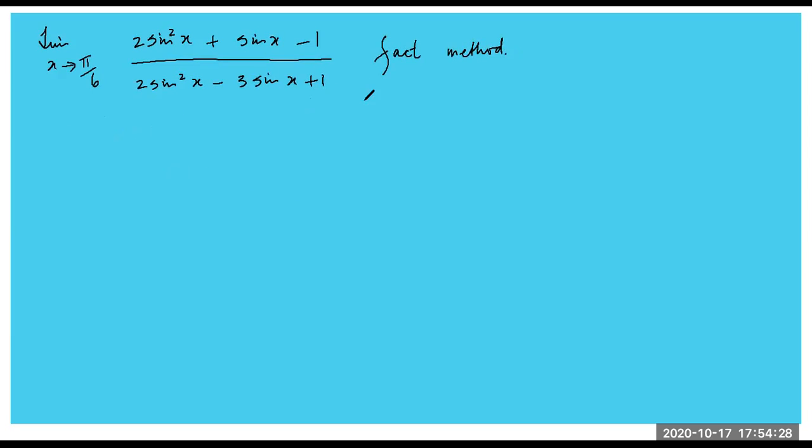Now this limit would be equal to limit x approaches pi by 6, right? So yeah, can anyone tell me how can I factorize this? 2 sine square x plus sine x minus 1.